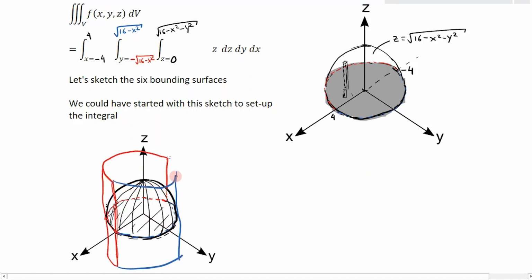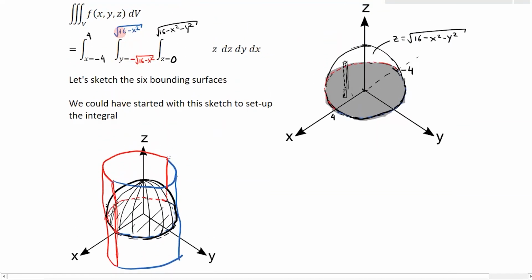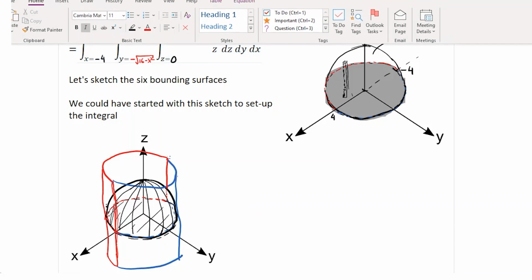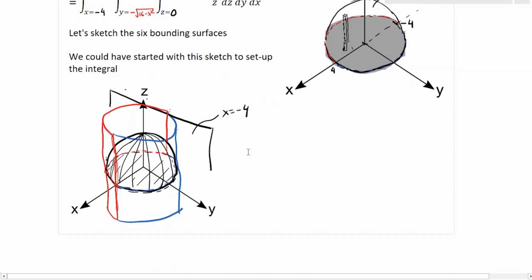And then here it's like this. So you see, these two bounds on Y describe a cylinder like this. And now the bounding surfaces for X are just two planes that are vertical. And those would be at X equals -4 and at X equals 4.